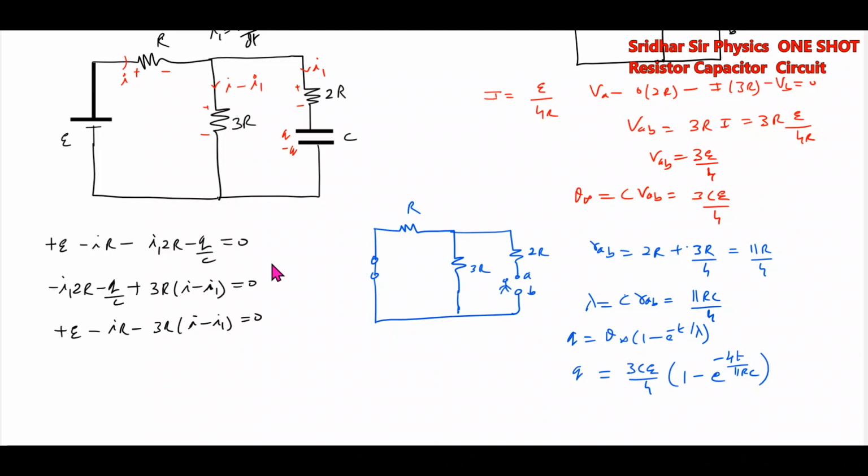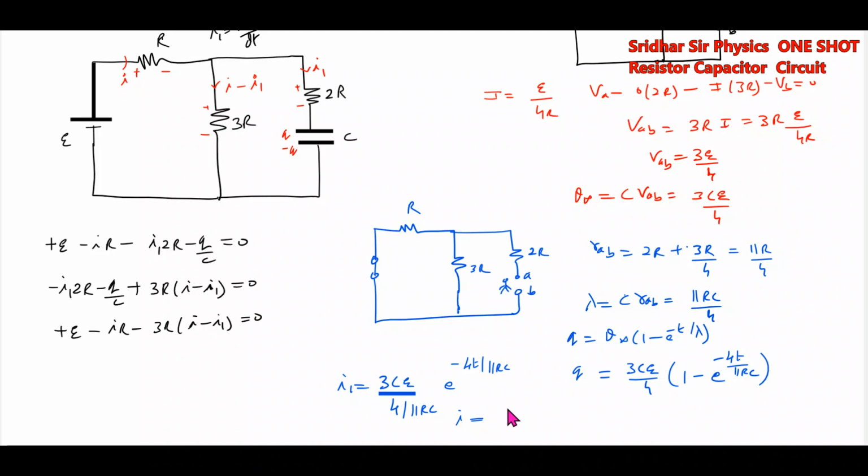Differentiate this and we'll get the current I1. So what is the expression for I1? I1 will be 3CE by 4 times 4 by 11RC, e to the power of minus 4t by 11RC.